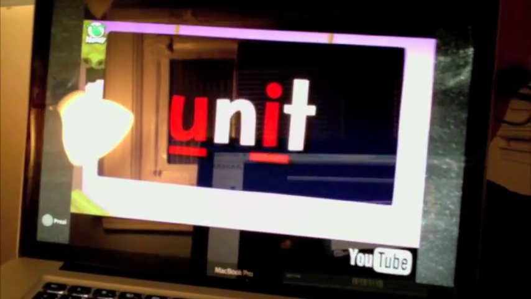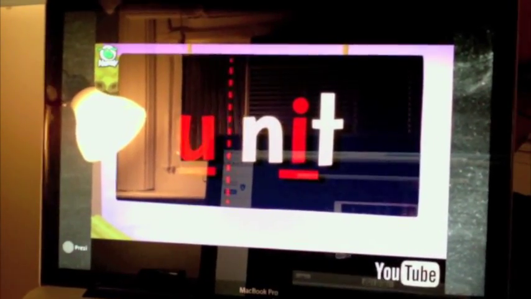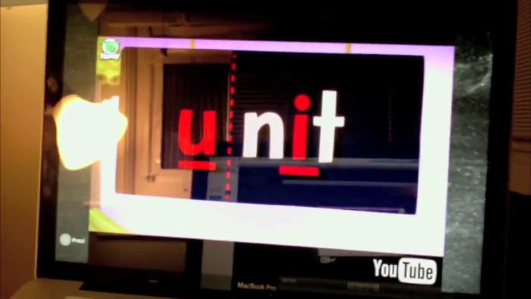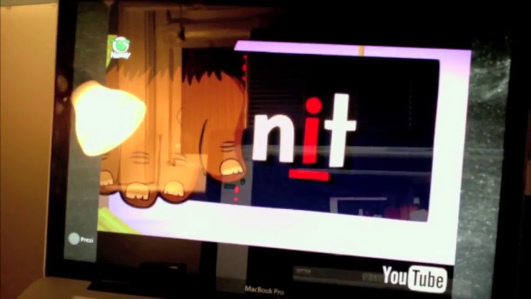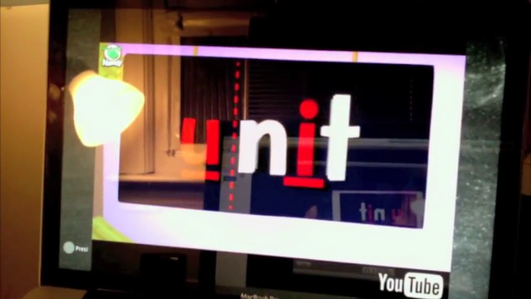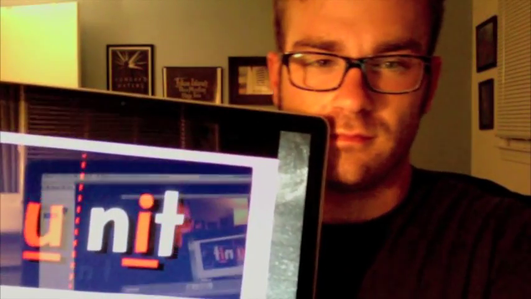Go, go, go! Most words split on the side of the first vowel. Let's see if you chose correctly. You, it, knit. You, knit. Unit. Unit! Yeah!